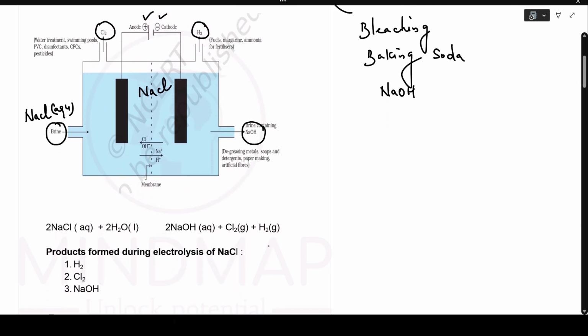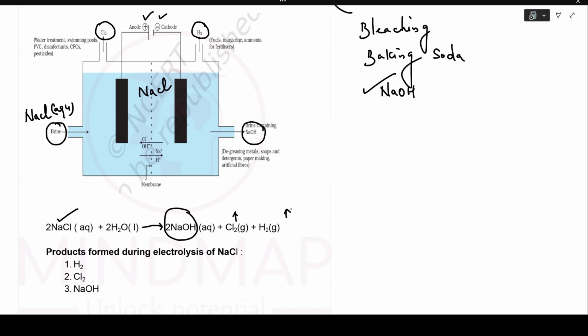This is the equation, this is what happens when we pass electricity through the aqueous solution of NaCl. It dissociates into what? Sodium hydroxide. So see, we get sodium hydroxide from common salt. And we get two gases. One is chlorine gas and second is hydrogen gas.